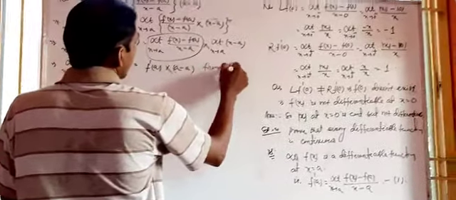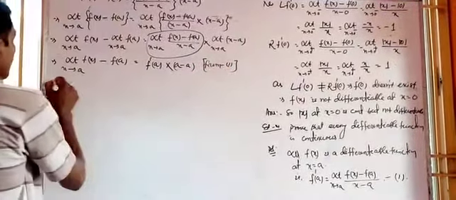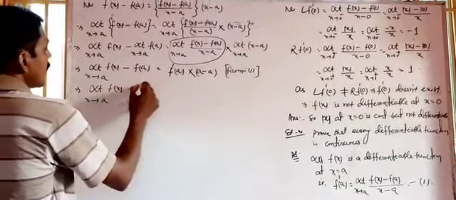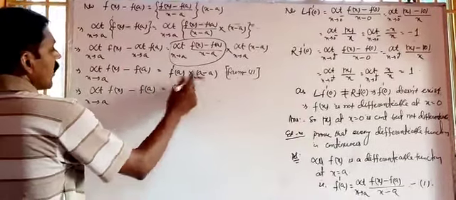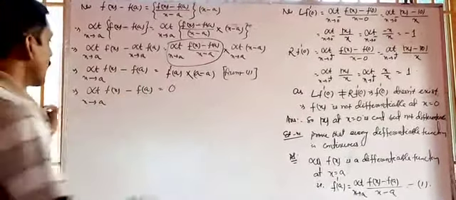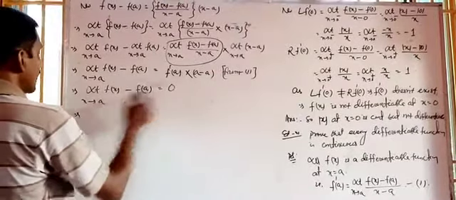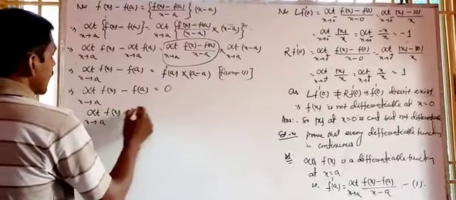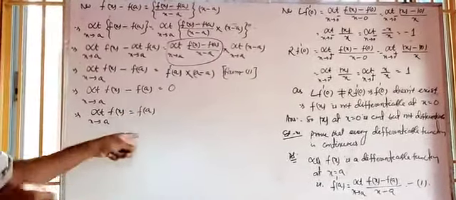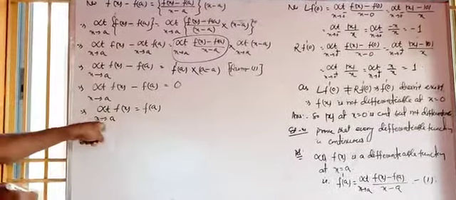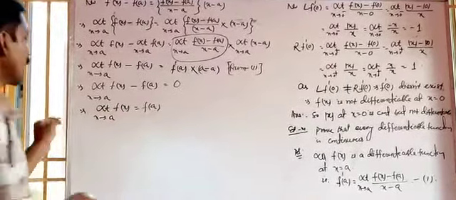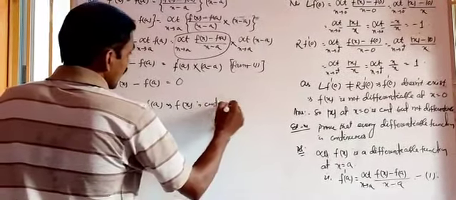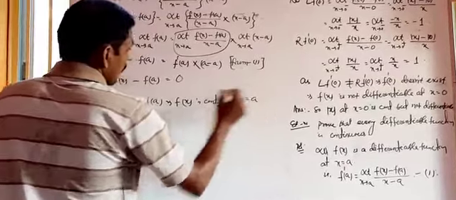So this implies limit of f of x as x tends to a minus f of a equals 0, because a minus a is 0, and 0 into f dash of a is 0. That means if you take this to the right hand side, limit of f of x as x tends to a equals f of a, and this is the condition for continuity. The limit at the given point and the value of the function at the point are equal. So this implies f of x is continuous at x equal to a.